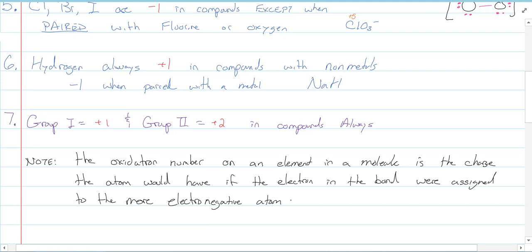So the more electronegative atom gets the negative charge. Let's do some examples now.